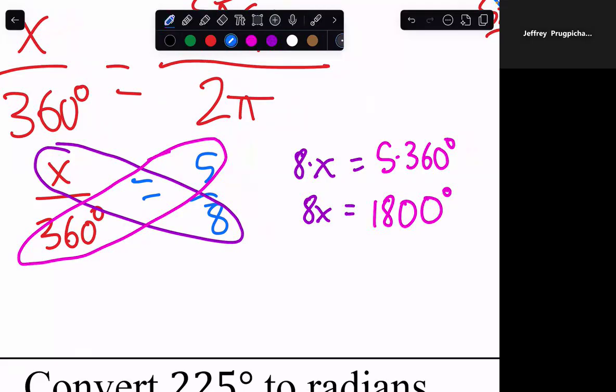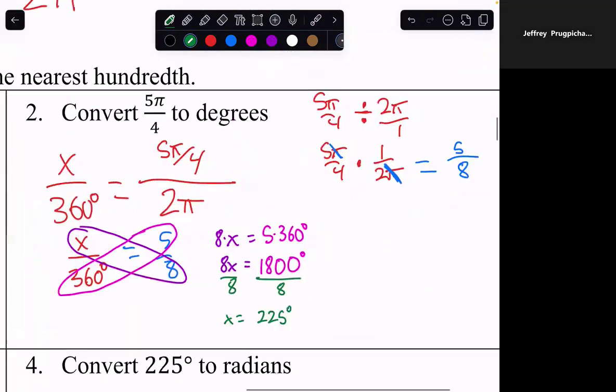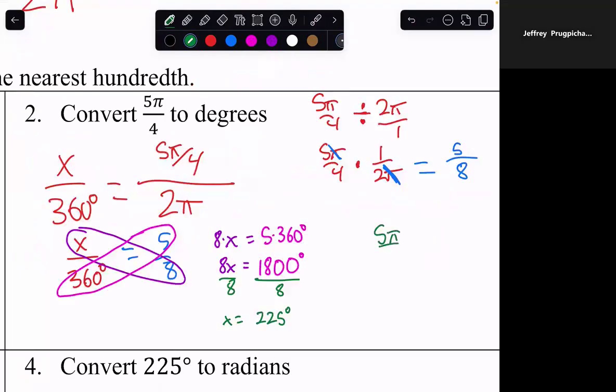Okay, and then now we want to get the x by itself, so we divide both sides by 8. So we showed that 5 pi over 4 radians is equal to 225 degrees.